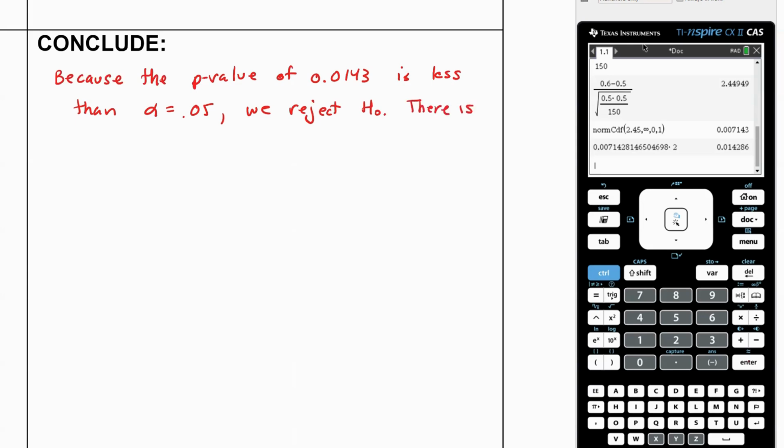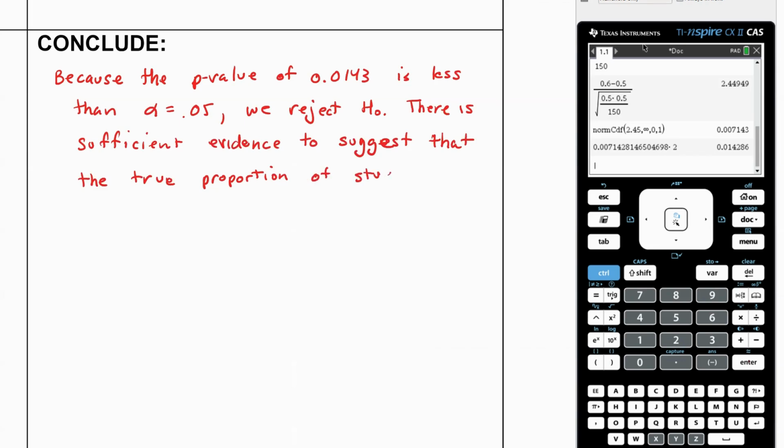This time there is sufficient evidence to suggest that the true proportion of, and again, students at Roberts School, that's our population, that never smoked a cigarette.